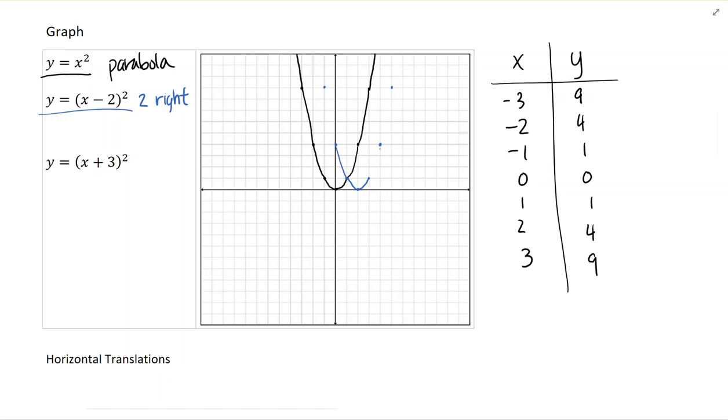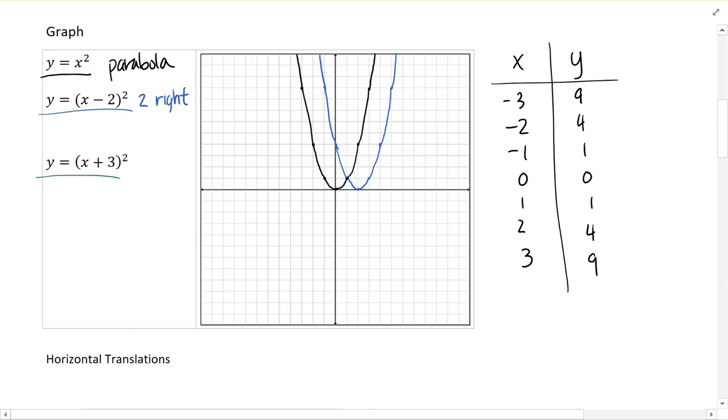Okay, so you just connect all the dots here. Let's connect them all. Voila.